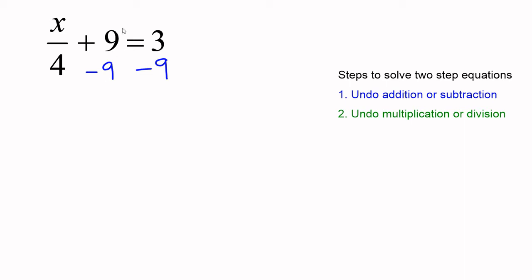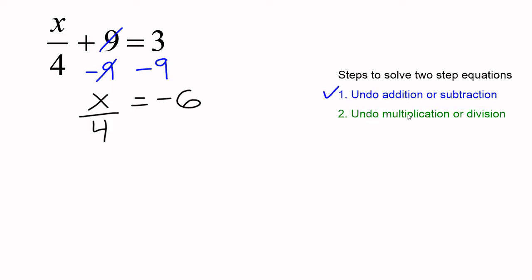That'll cancel out those 9s. And on the right-hand side, we'll get 3 minus 9, we'll get minus 6. And over here, we still have the x divided by 4. So we got our first step done there.